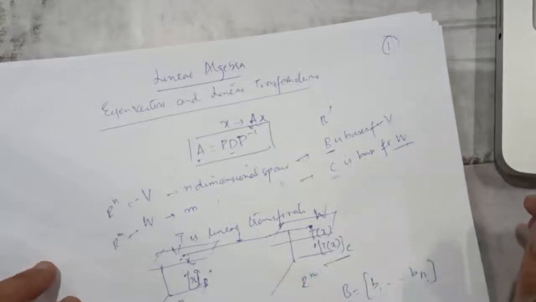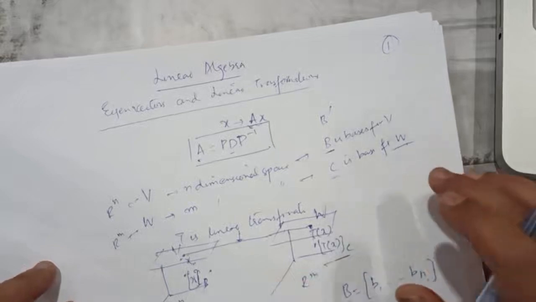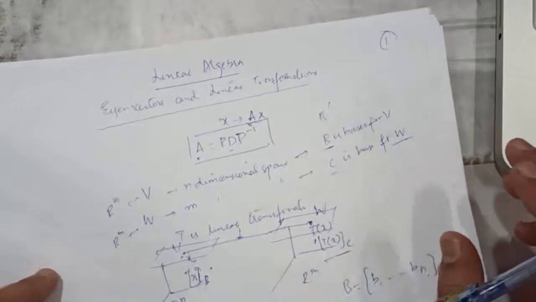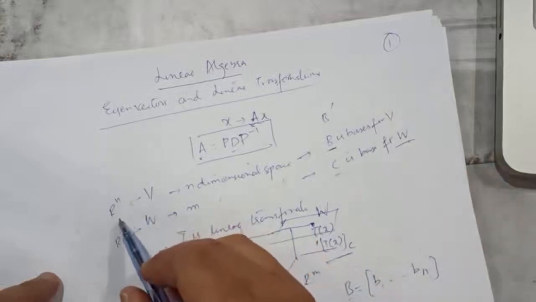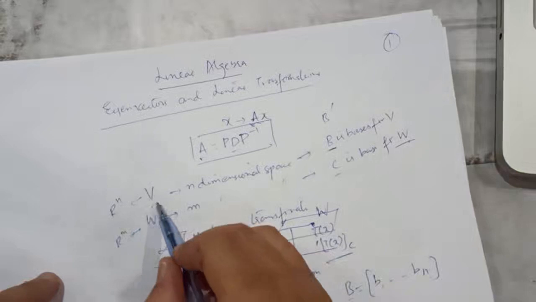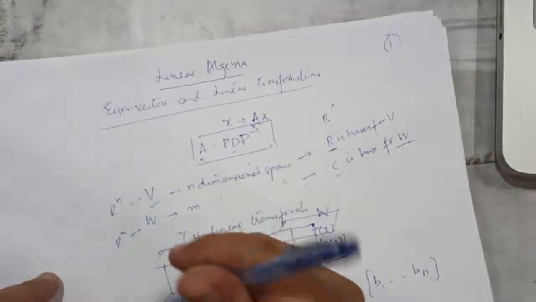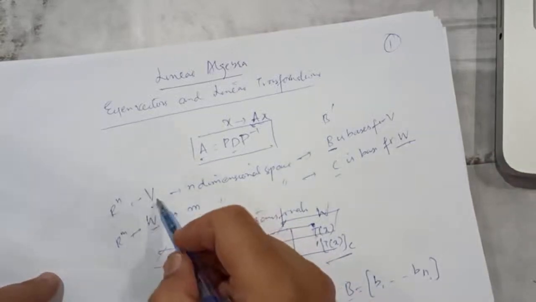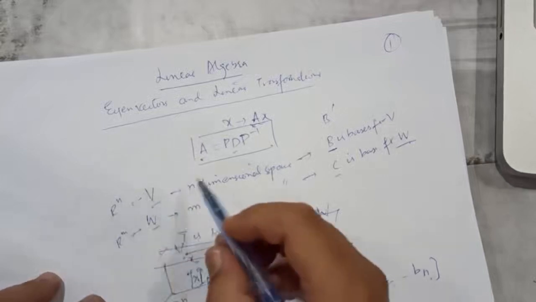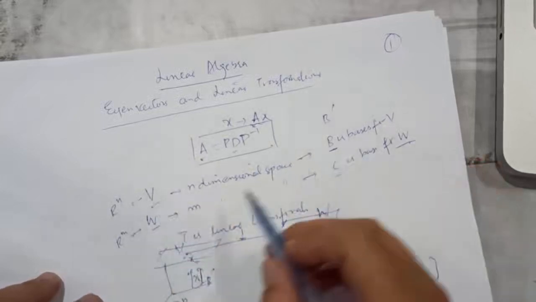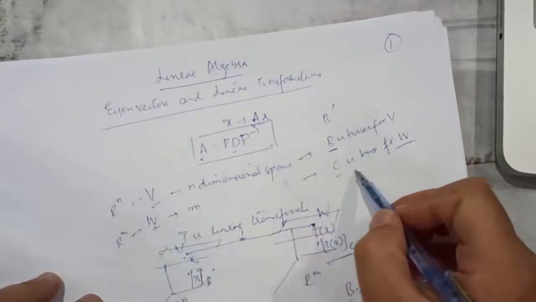We have discussed this linear transformation in our previous lecture at length. To summarize, there is a vector space V and a vector space W. V exists in R^n, W exists in R^m. V has the basis B and W has the basis C.